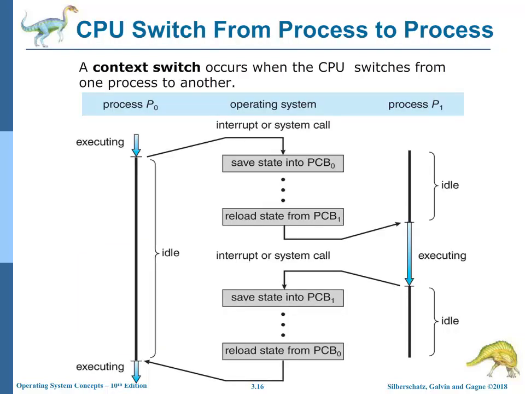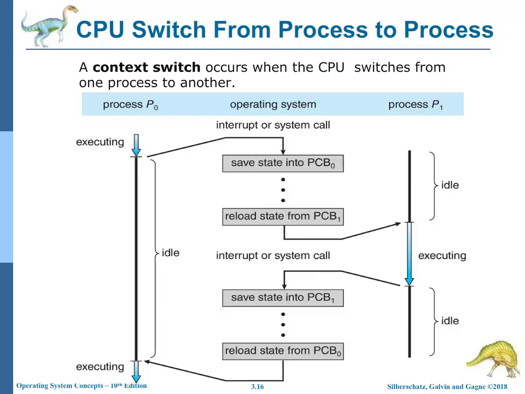A context switch is the mechanism to store and restore the state or context of a CPU in the process control block, so that a process execution can be resumed from the same point at a later time. Using this technique, a context switcher enables multiple processes to share a single CPU. Context switching is an essential feature of a multitasking operating system.